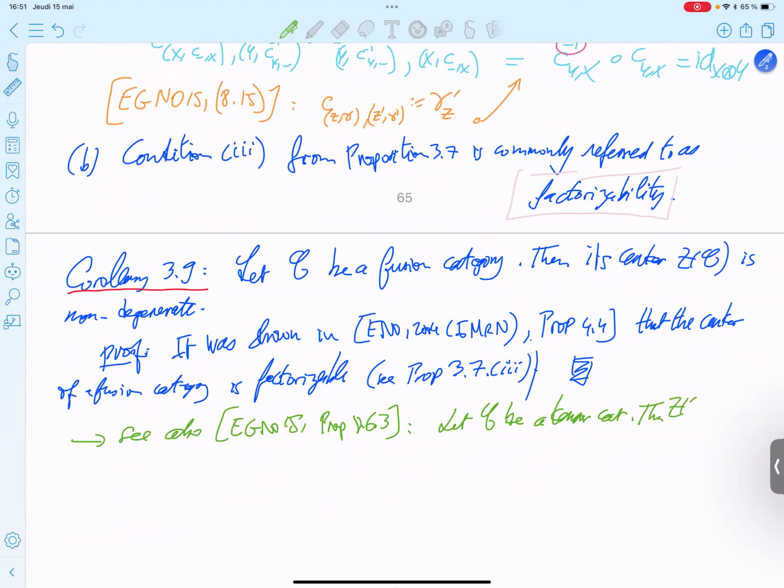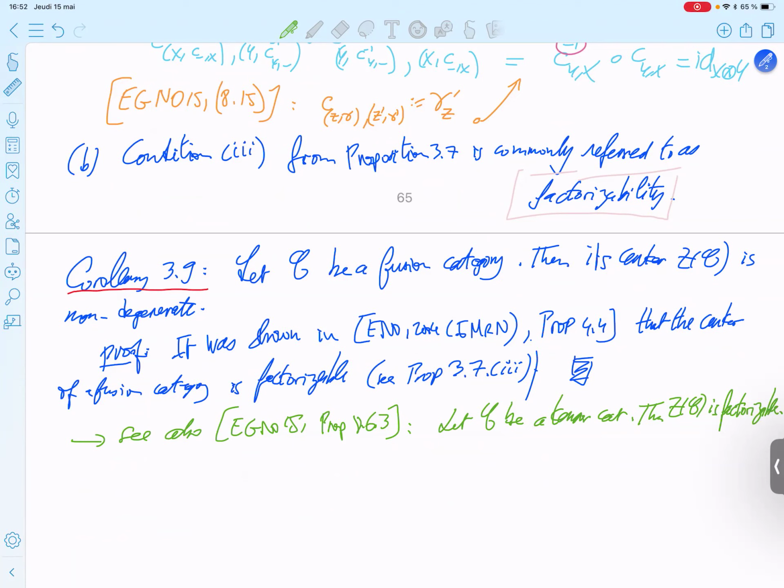Then the Drinfeld center of C is factorizable. It's non-degenerate. There it's written like that, factorizable.